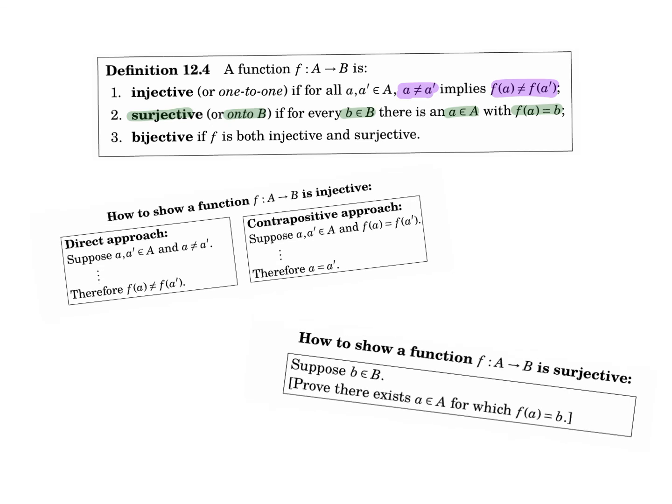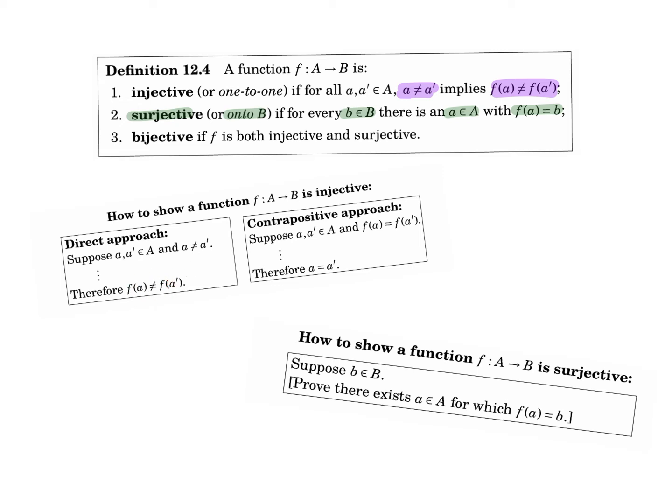Okay, so let's think a little bit about how to actually prove these. For injective, we have that for all a and a prime, a not equal to a prime implies f(a) not equal to f(a prime). Because I have this implication as part of my statement, I should assume a is not equal to a prime, and then show that f(a) is not equal to f(a prime).